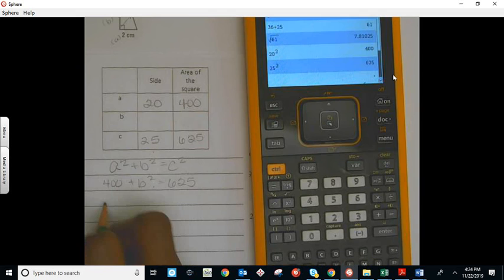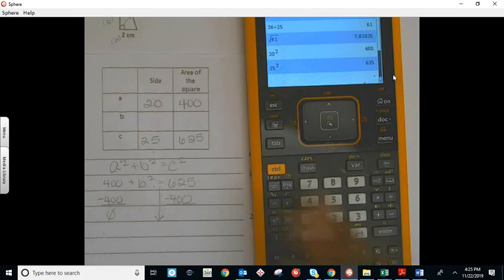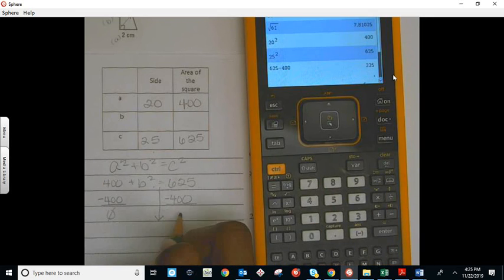So I need to do the opposite. Remember, I do the same thing on both sides. 400 minus 400 is going to be 0. 625 minus 400, let's put it in here just for us who need to double check. It's 225. So what we have now, we have B squared equals 225.